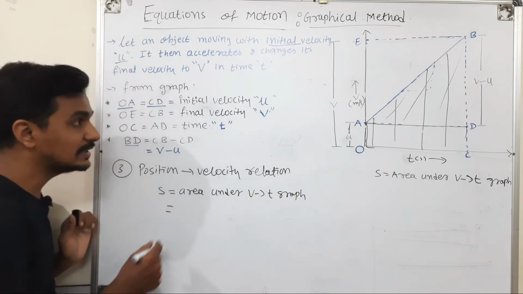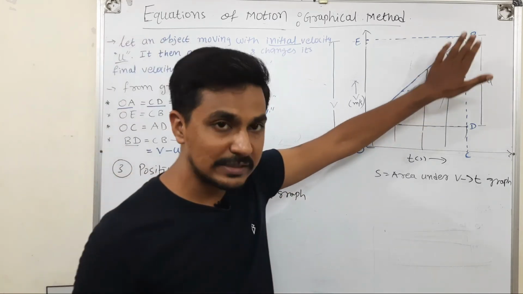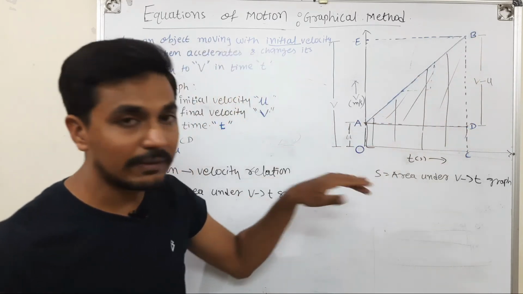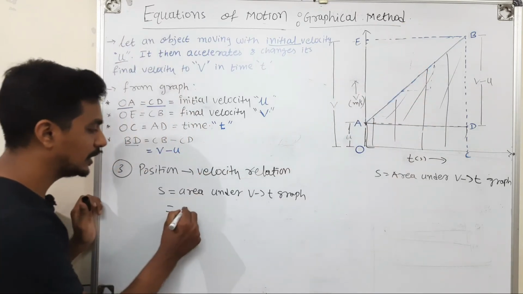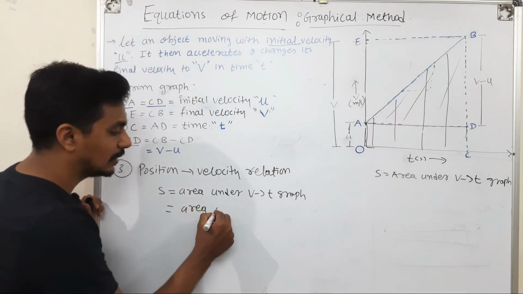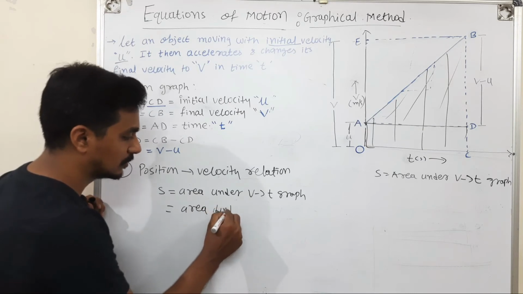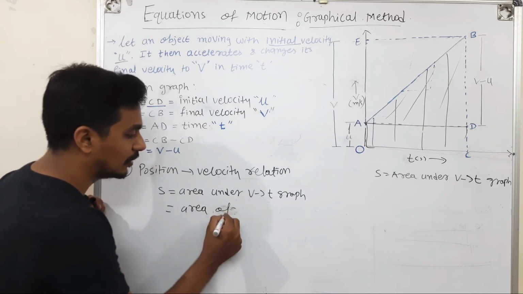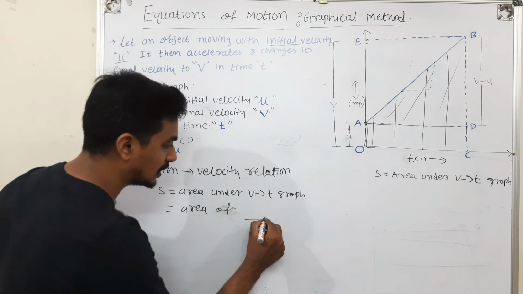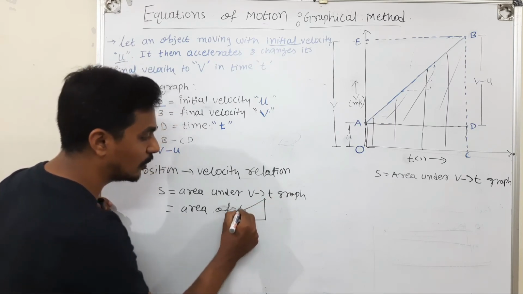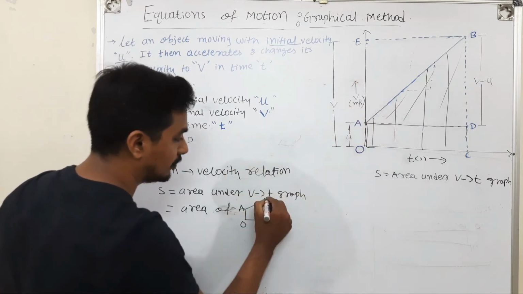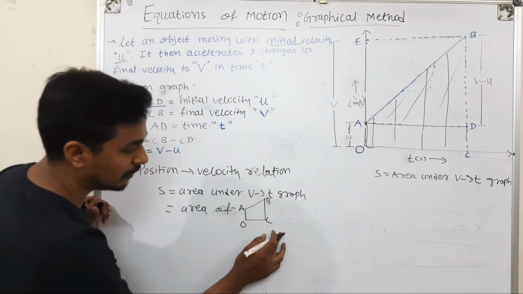Now this area looks like a trapezium again, but we will not divide it into two parts. We will consider the whole as a trapezium, with points O, A, B, and C.